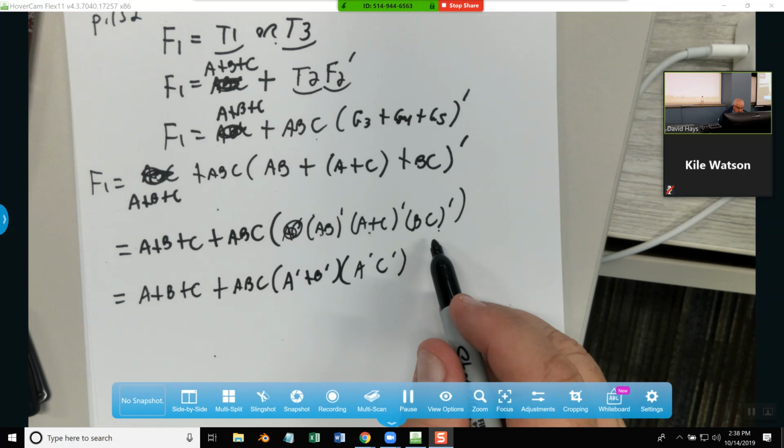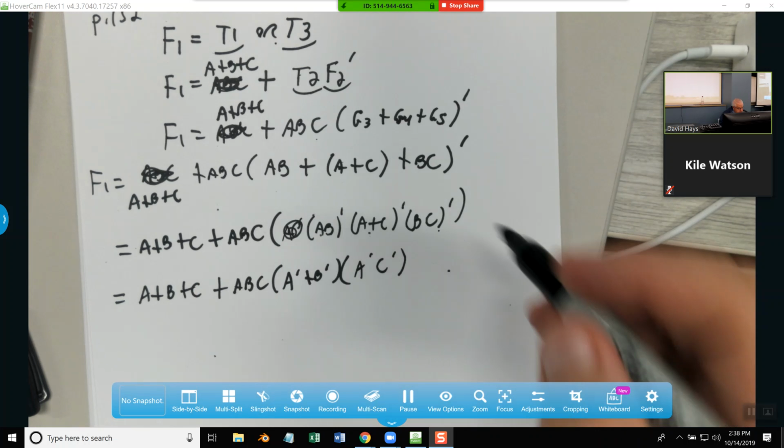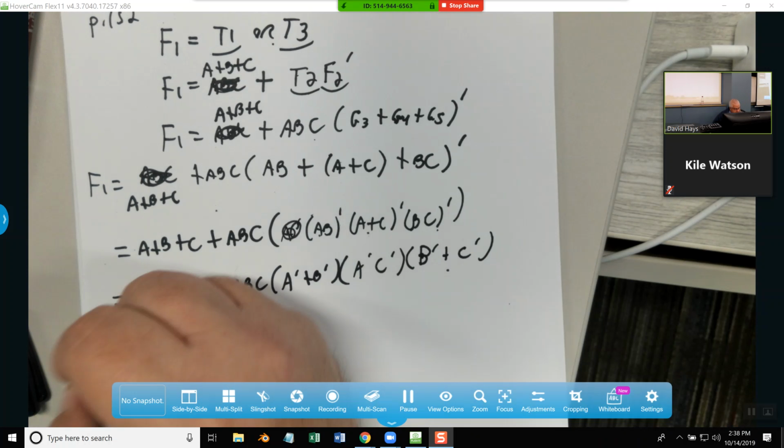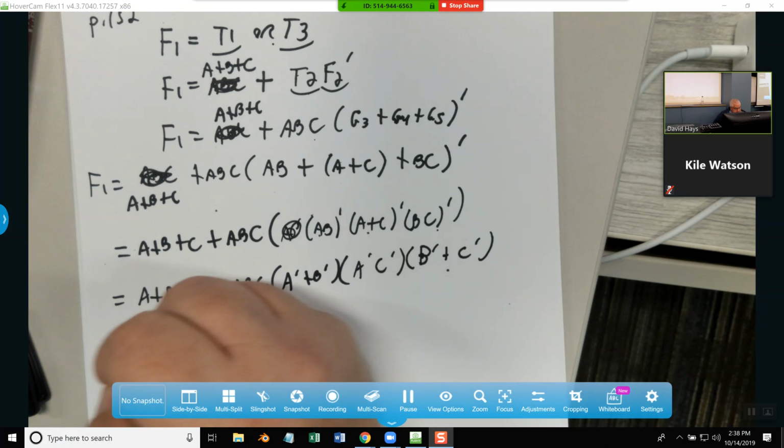ABC times A prime would give me A prime B C, which dropped away because A and A prime is 0. ABC times B prime, B prime there, which means this B and B prime will give you 0, so it drops away.